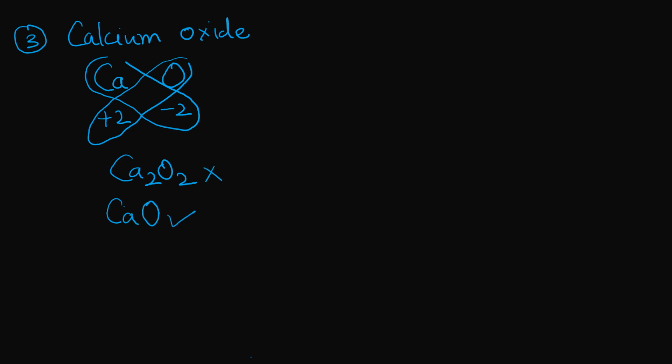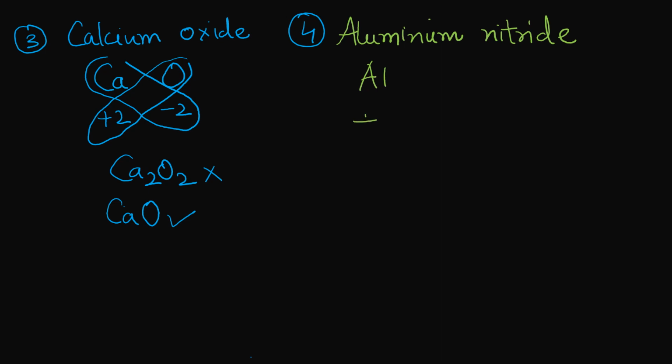Let's consider another example. Let's say we have aluminum nitride. So aluminum nitride, Al, +3 valency, nitrogen, 3 negative. So when we crisscross these two, we come up with Al3N3, but that's again wrong because we don't need 3 atoms of aluminum to satisfy the charge on the 1 nitrogen.